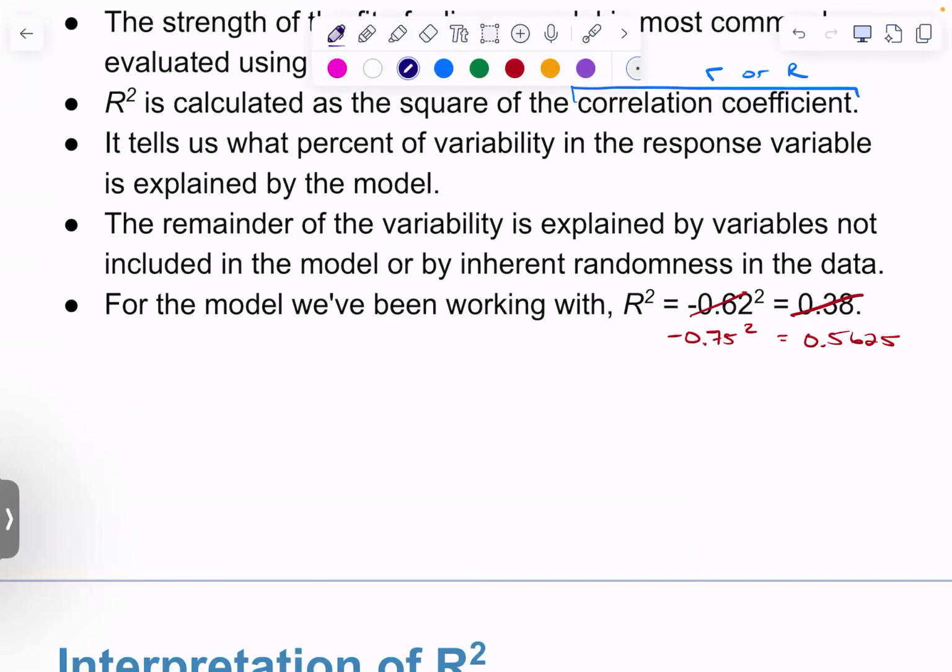A couple of notes. A high R squared tells us that we have a good model fit.